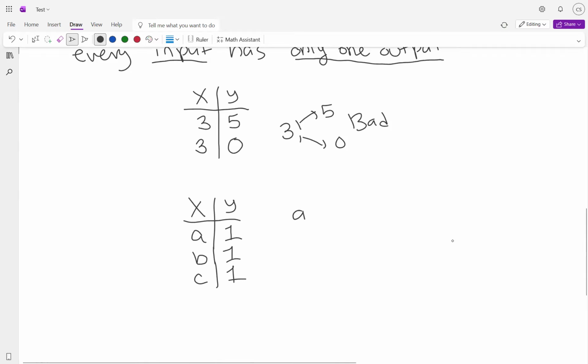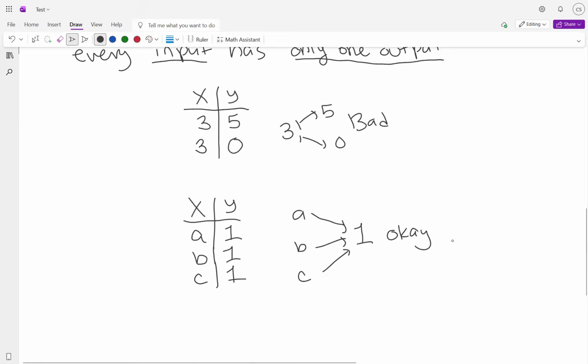Because if we imagine A, B, and C all get sent to the number 1, we can see only one arrow leaves from every one of these inputs. Versus up here, we have 3, we have 2 arrows leaving 3. So that's when it's bad. This one over here, we can send things to the same output. That's fine because each input still has one output.